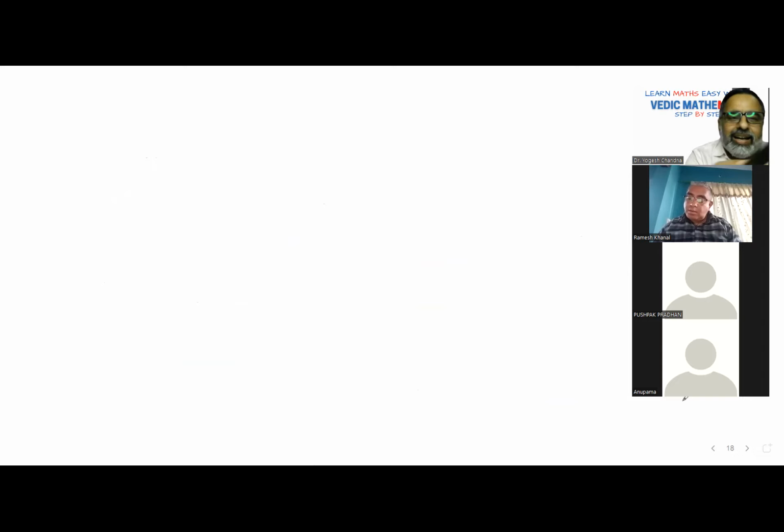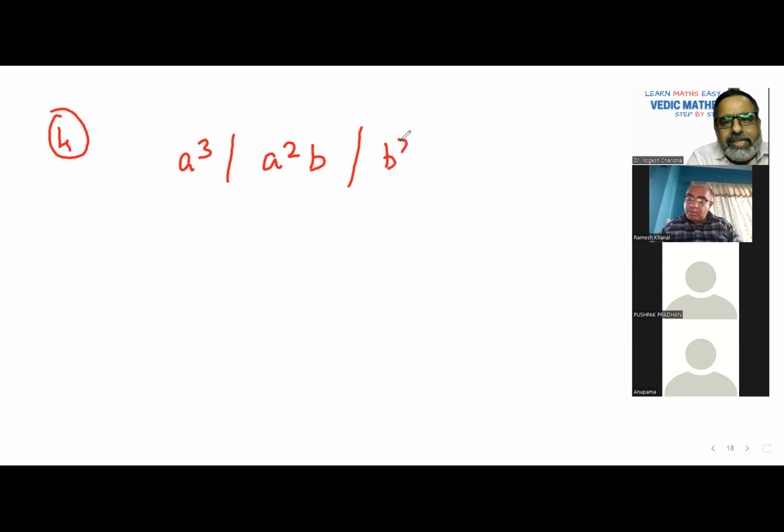Now, even these numbers can be done by your formula itself. A cube, A square B, B square A, and B cube. This is at the third step, and the last.